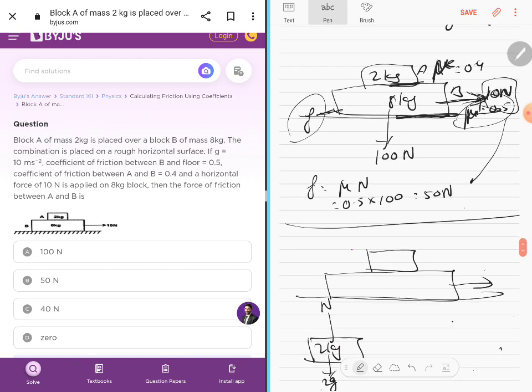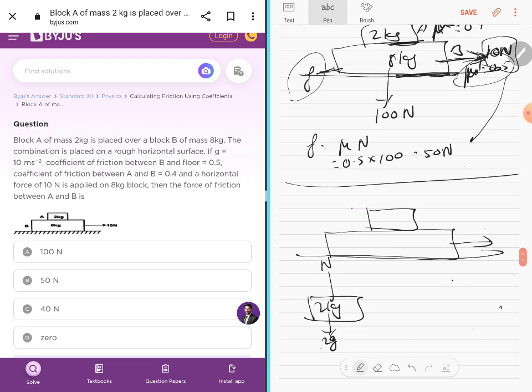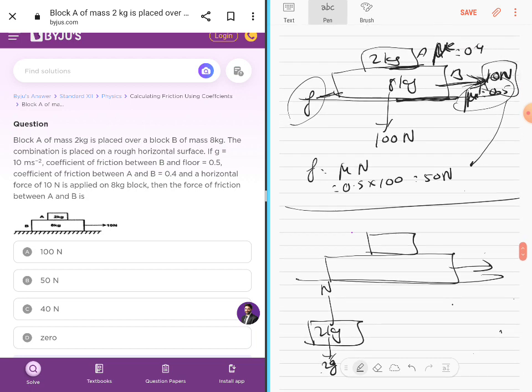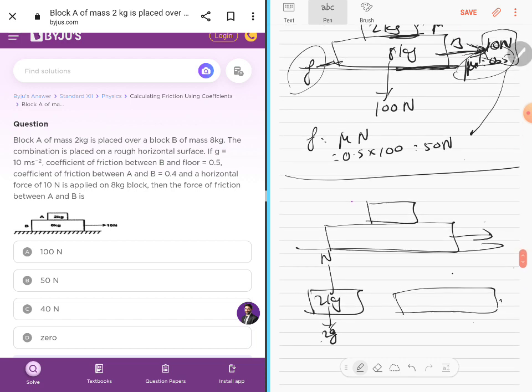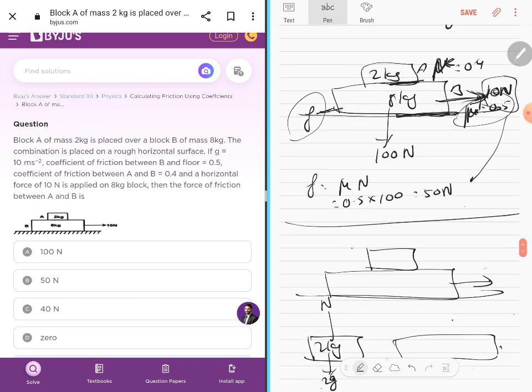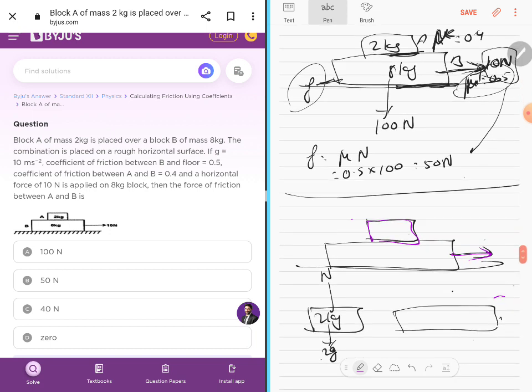Anything with respect to the top one we are calling mu and N. Anything with respect to the bottom we are calling mu dash and N dash. When you push the bottom block towards the right, the top block could go backwards, so the friction on this block has to be in this direction. This is the direction of the friction on the top block.